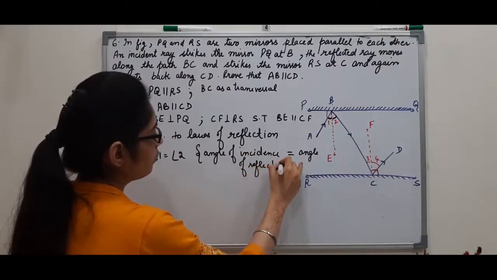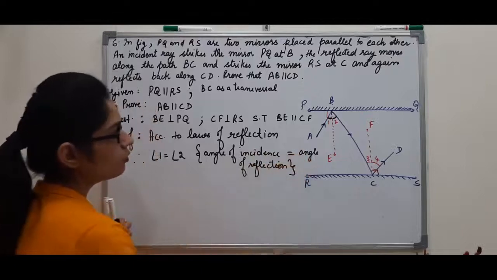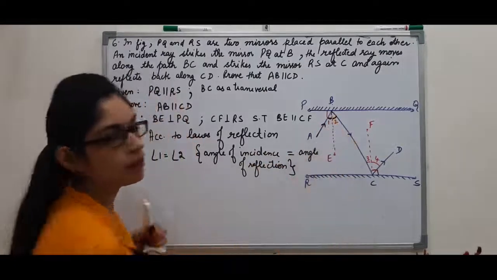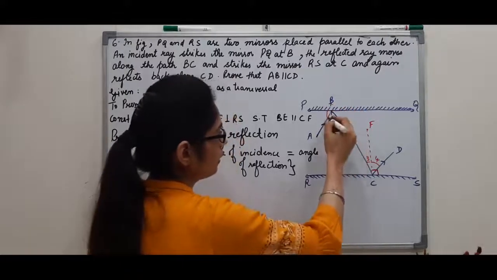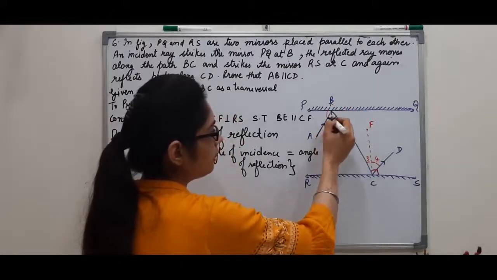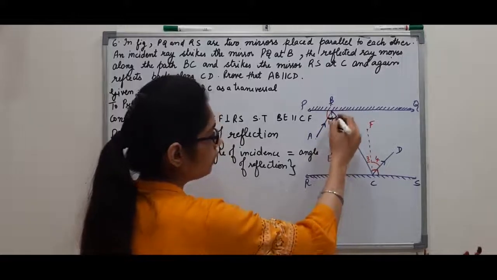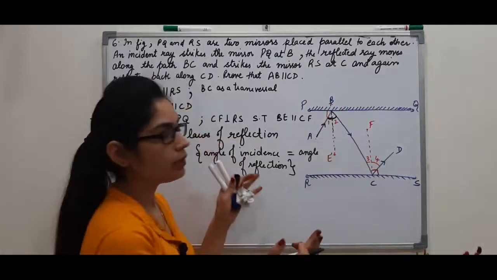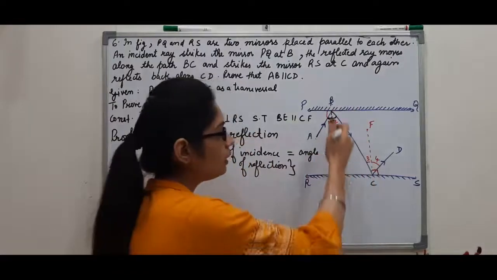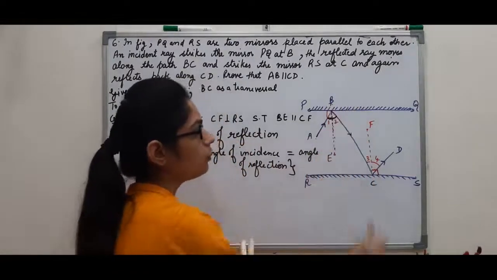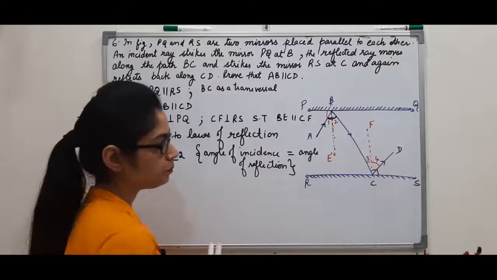You have to mention this here, due to which angle 1 is equal to angle 2. This is the incident ray, and this angle is between the incident ray and the perpendicular line, and angle 2 is between this perpendicular and the reflected ray.